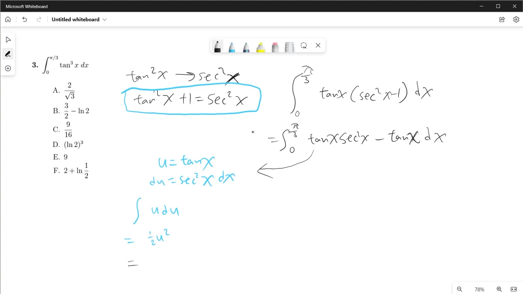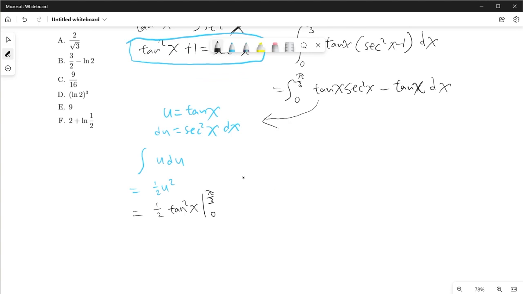Carrying that back, I will have 1/2 tangent squared x, and of course a plus c. Actually, you don't need plus c since you have limits of integration, 0 and pi over 3.